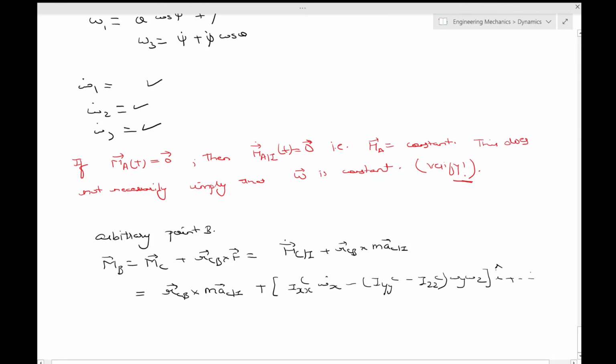Okay, and then there will be other terms. I'm just writing a plus sign because there are a lot of terms, so I'm not writing all of them. This is equation 3.35. The point is that you can write this for an arbitrary point B, and obviously you would want to choose a point B such that you have lots of unknowns over there.